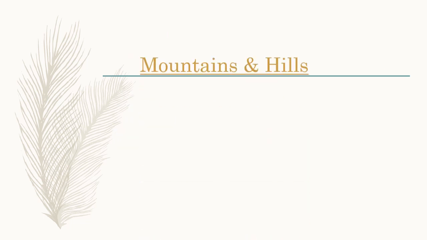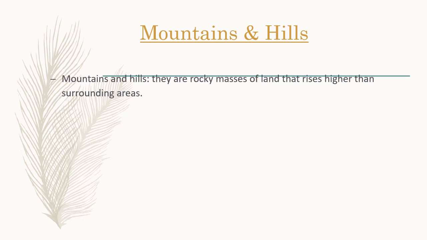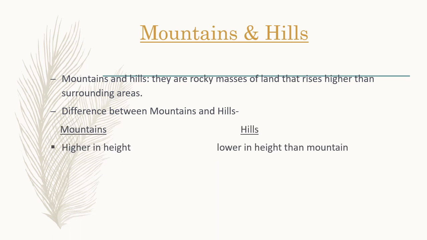Let us see mountains and hills. Mountains and hills both are rocky masses of land that rise higher than their surrounding area. The differences between mountains and hills are: mountains are higher in height and hills are lower in height than the mountains.